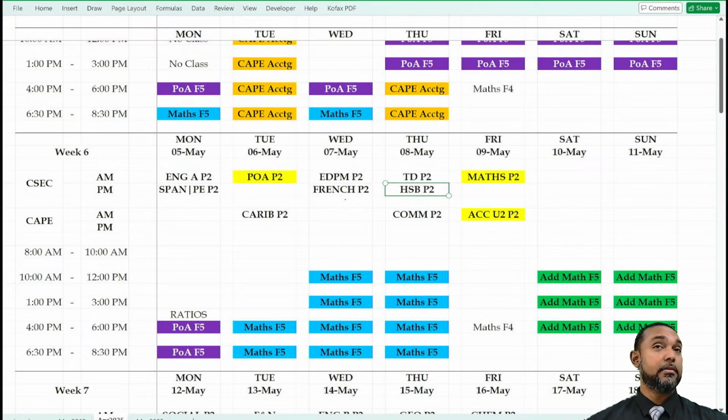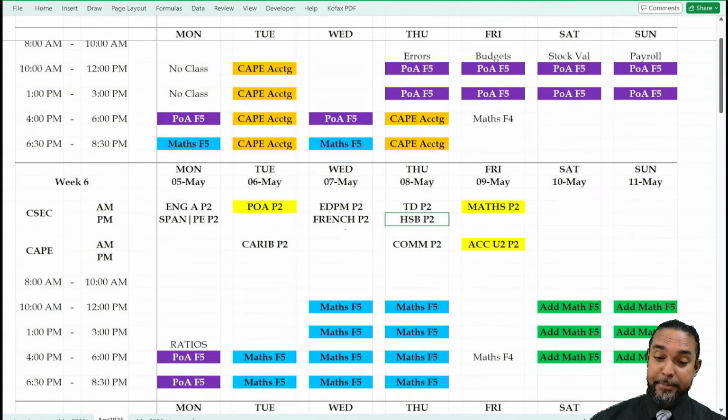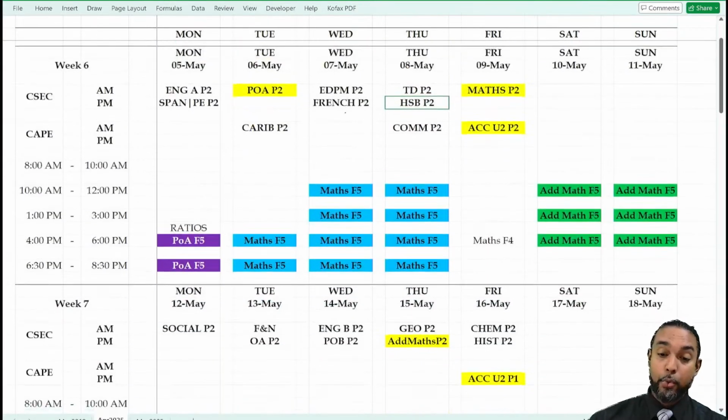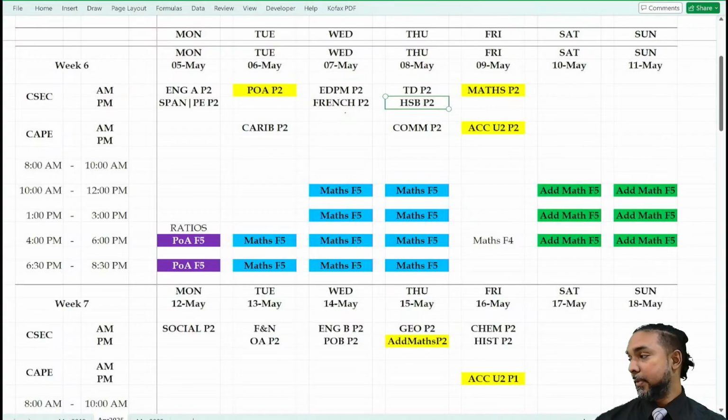None of these are mandatory for anybody because, like I said, this is your exam season. You have to decide what you're going to do. I'm not forcing anybody to come at any particular time that doesn't work for you, or if you have another exam to study for, I understand. I will be here to facilitate. If nobody comes in, I would like to know, so I'm not sitting here doing nothing.